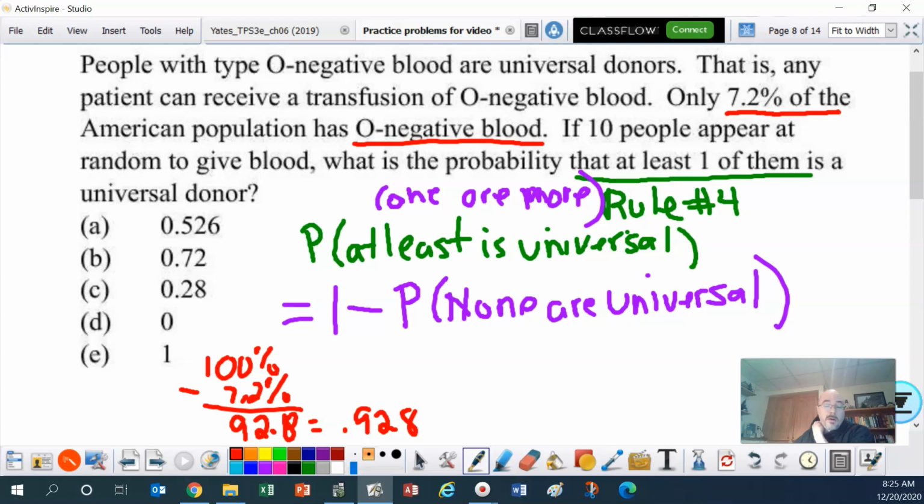Okay, so think about it. I'm doing the opposite. So here we go. I'm going to go 1 minus 0.928. And folks, there are 10 people, so that will be to the 10th power. None of them. So if I take 1 minus none of them having type O blood, I am going to get the answer.